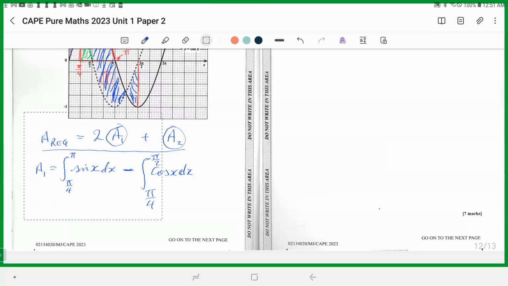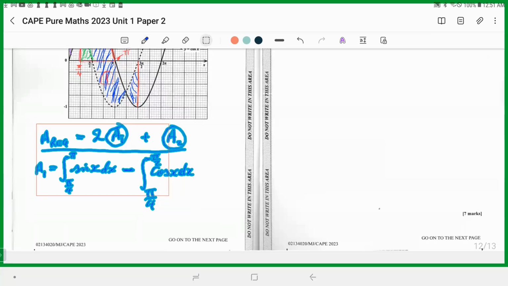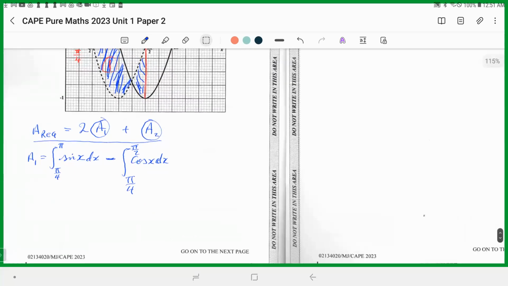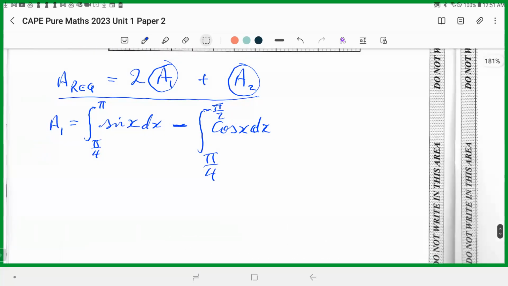Remember, make it smaller. So we can lower this one here. All right, let's work out this one. So area 1 is going to be the integral of sine, which is minus cos, because I differentiate cos to get minus sine.